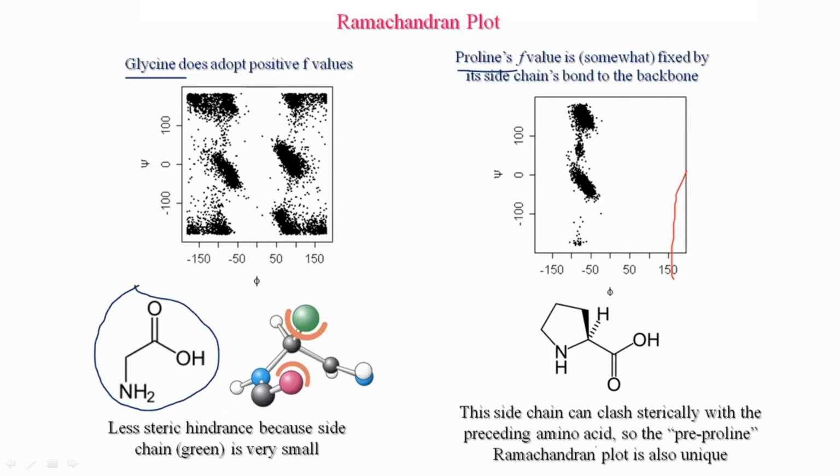Same is the case for proline. Yes, they show steric clashes, but the chain bond length is somewhat fixed, so the phi value of proline will be fixed. So glycine and proline will not be displayed in the Ramachandran plot. Apart from these two, the remaining residues will be displayed.